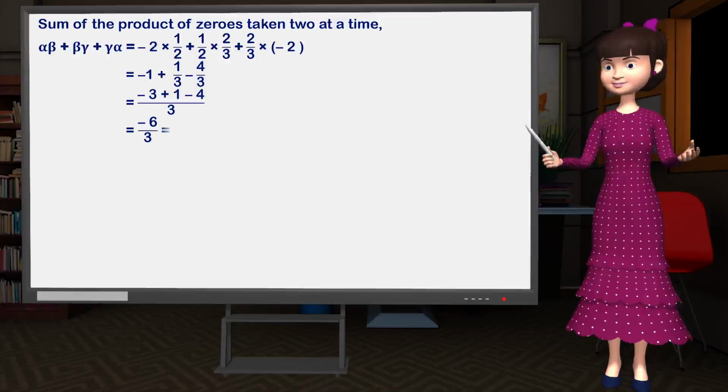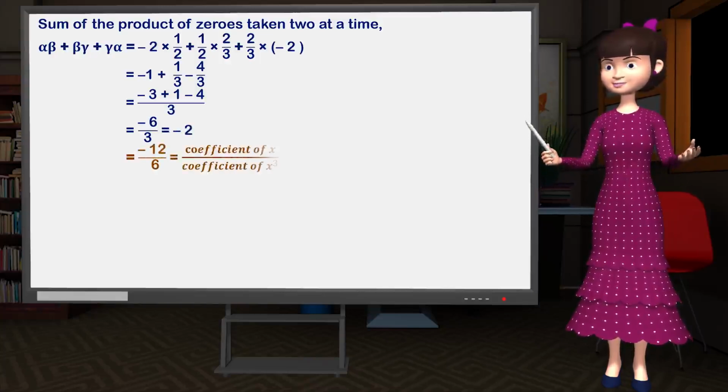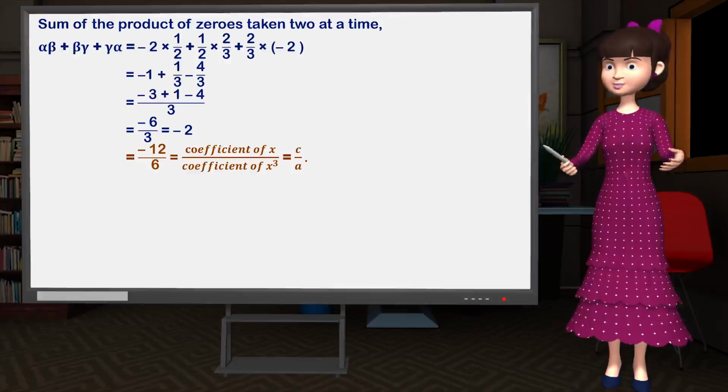Simplifying this, we get minus 2, and this minus 2 can be written as minus 12 by 6, which is equal to coefficient of x by coefficient of x cube, that is c by a.